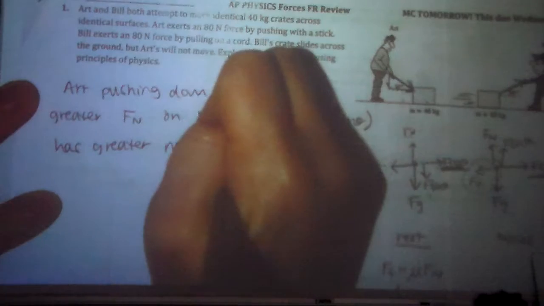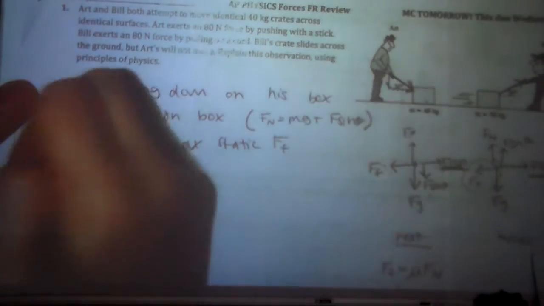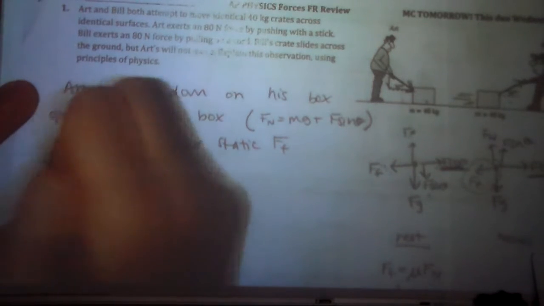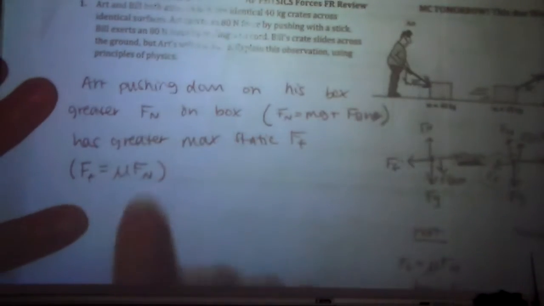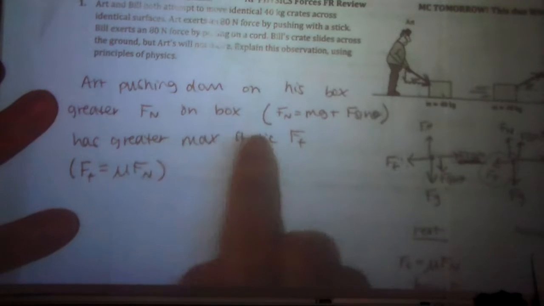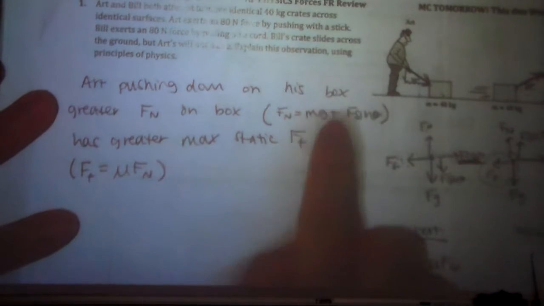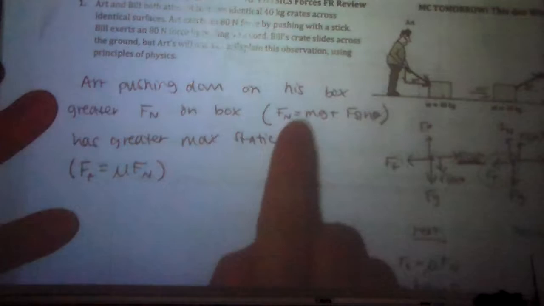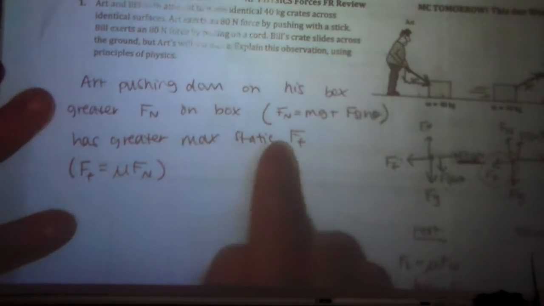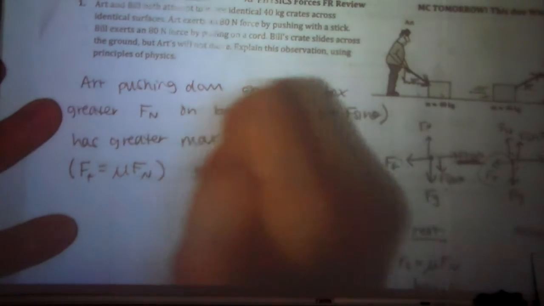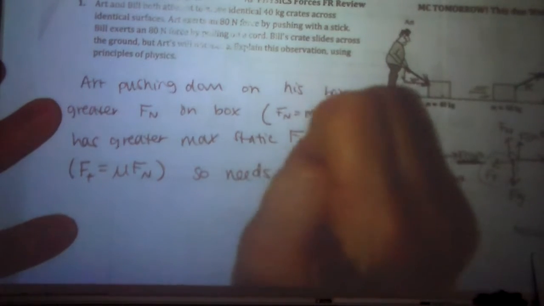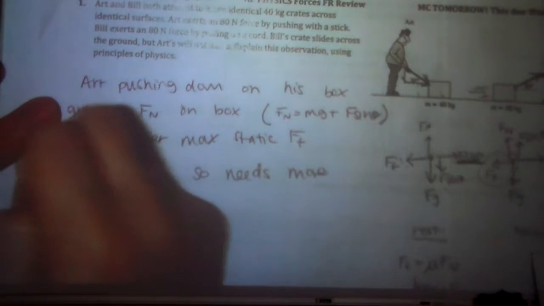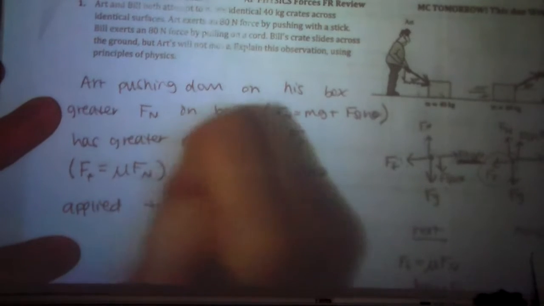So it has a greater maximum static friction force, because force of friction is mu Fn. So I'm just putting the relationship, right? The maximum static friction force is mu Fn. This one has a greater Fn with the same mu, so it's going to have a greater static friction force. So it needs more applied force to move.